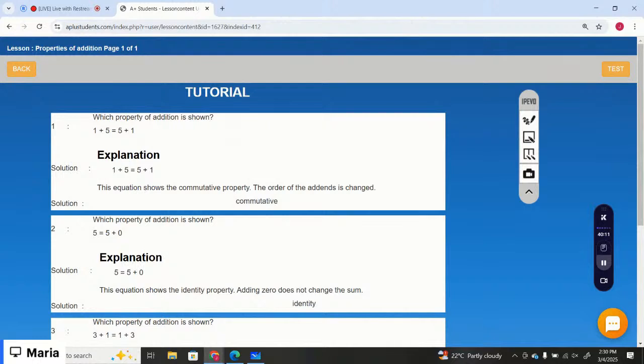One plus five equals 5 plus 1. We have to see which property it is, right? So that is the commutative property. On both sides the numbers are exactly the same, just the order of the addends is changed.